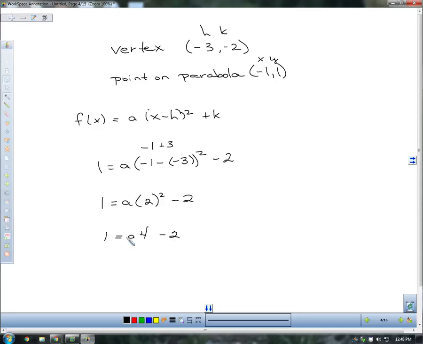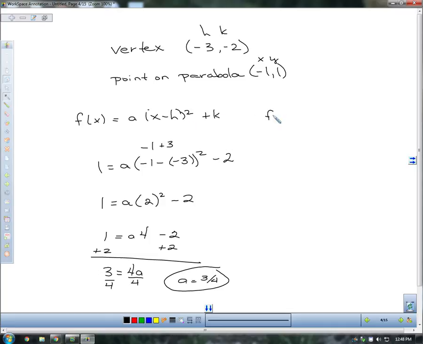So what I'm going to do is add 2 to move it to the other side. So now I have 3 equals 4a. 4 and a are multiplied together, so to undo that, I'm going to divide. So I get a is 3/4. Okay, so I'm going to take this and plug it back in, and remember, you're only going to use h, k, and a.